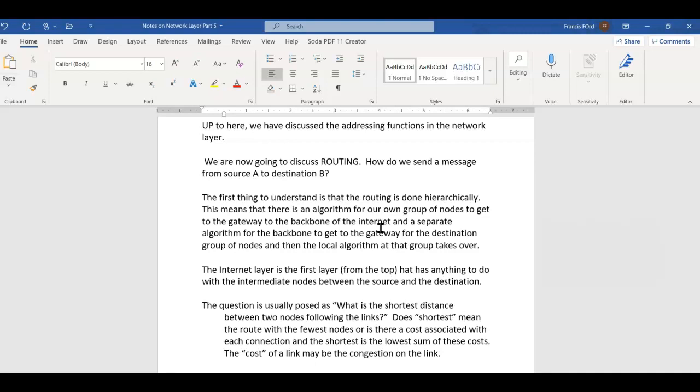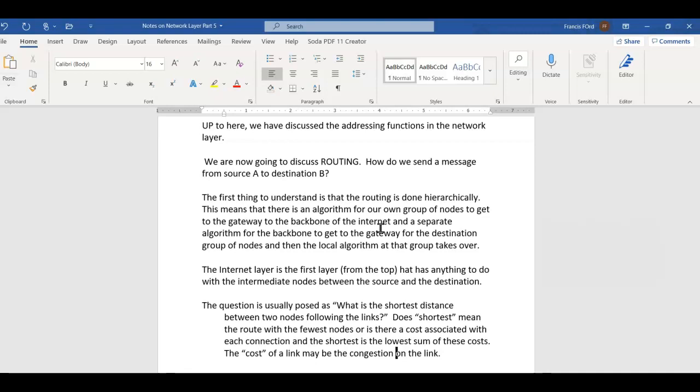However, it looks pretty likely that we are going to be assigning some kind of cost from one node on the network to another, say from one router to another router, directly connected. It makes sense there's got to be some cost.